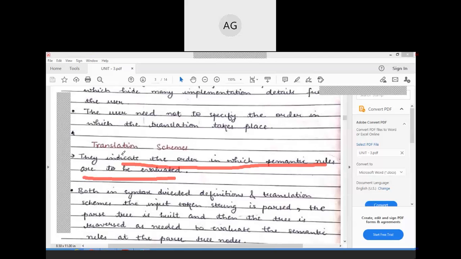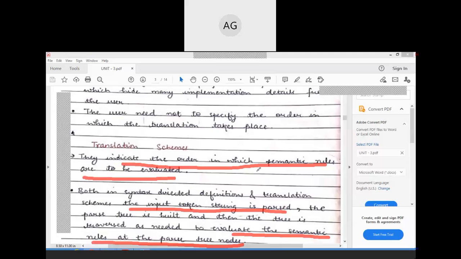But in a translation scheme, the order of evaluation of the semantic rules is indicated. In both syntax directed definitions and translation schemes, the input token string is parsed, the parse tree is built, and then the tree is traversed as needed to evaluate the semantic rules at the parse tree nodes. We will take an example of this later.